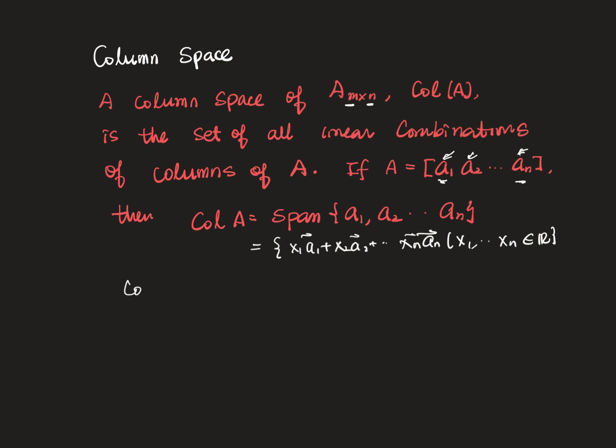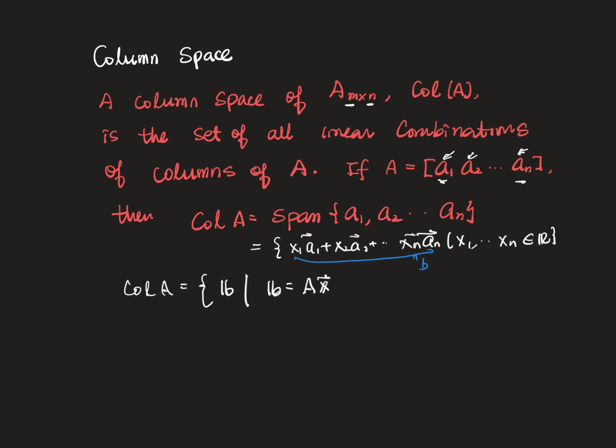So the column space of A, guys, you can write in matrix form. You're going to find the vector B. B is going to be, how can I make a B? A times the X vector. The X vector is what?